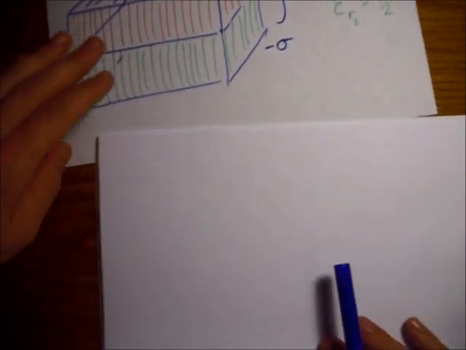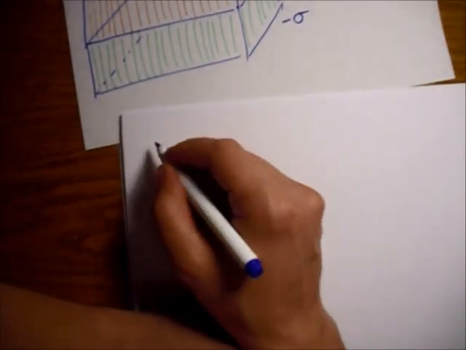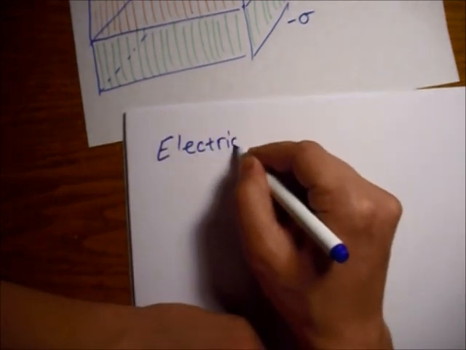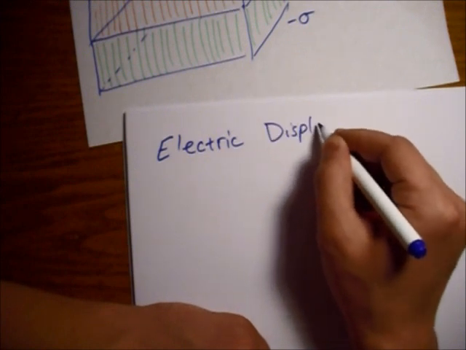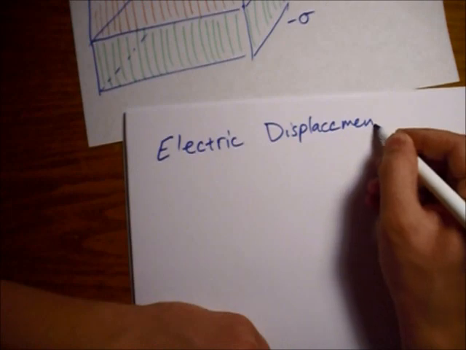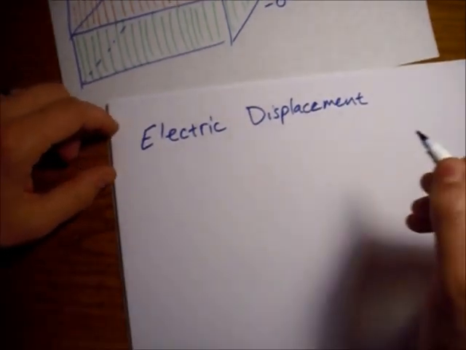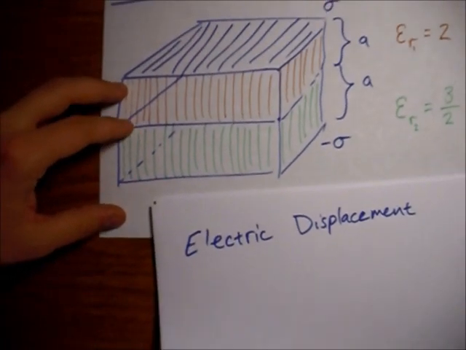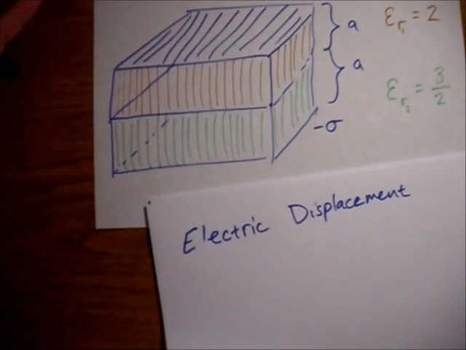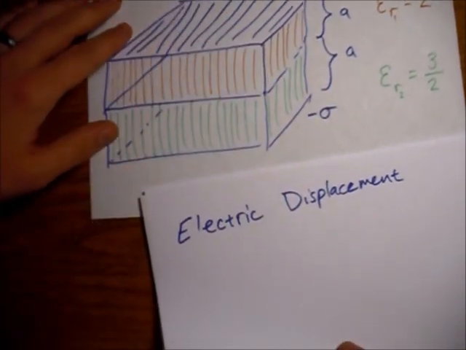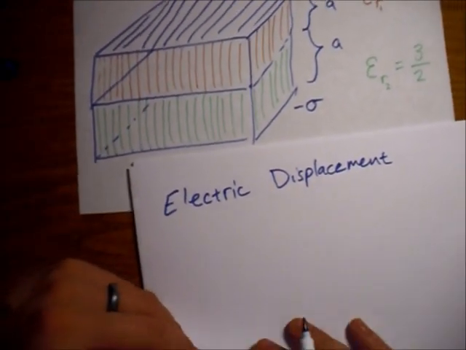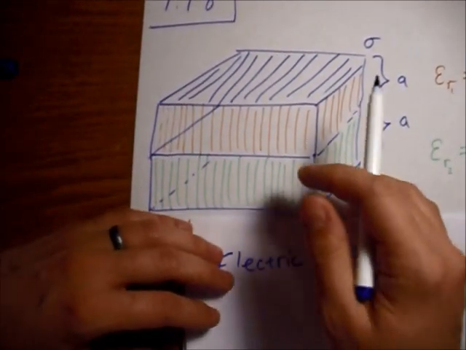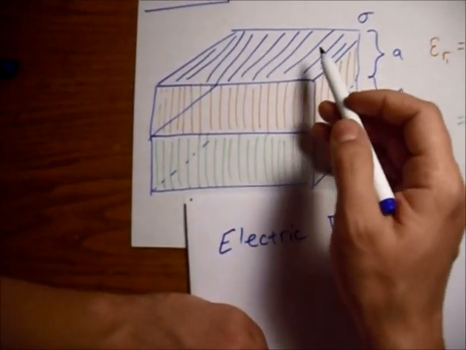So for this, we're just going to use Gauss's law, the displacement version of that, where we only look at the free charges, and we'll just picture a little Gaussian pillbox of surface area of each side of A, big A, let's say.